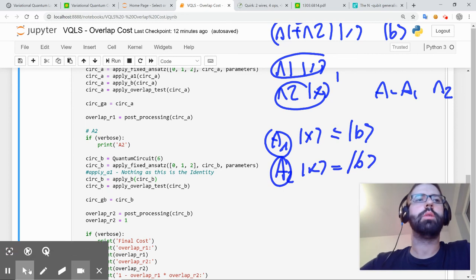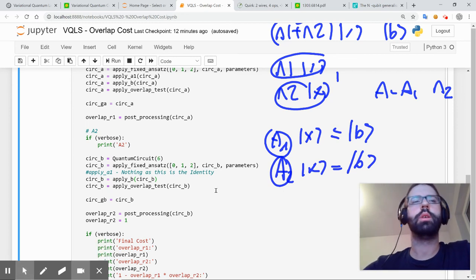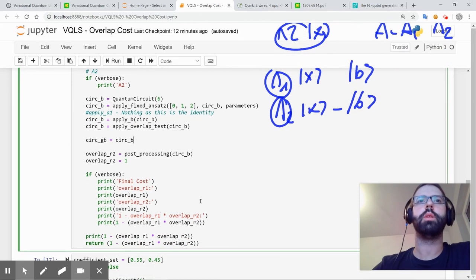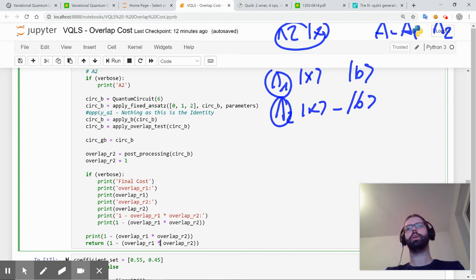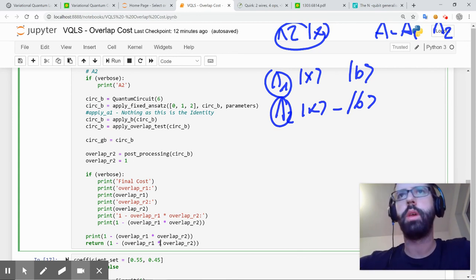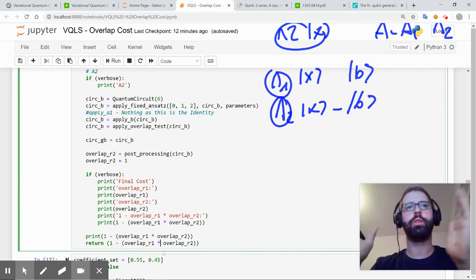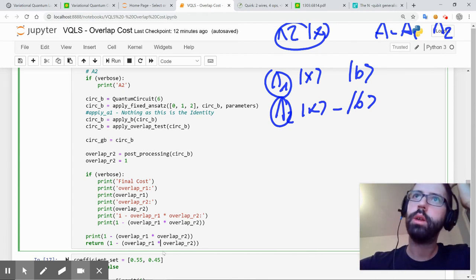Okay, so multiplication is definitely the way to go, but it doesn't seem optimal because addition is the wrong operation, because we want our cost to be between 0 and 1, and so we want to minimize both overlaps. So we want to minimize the product of the overlaps.